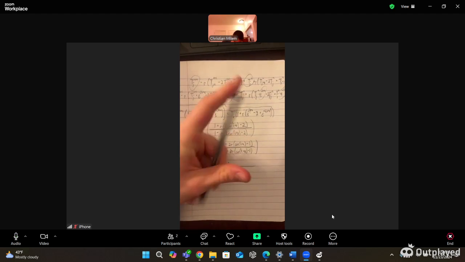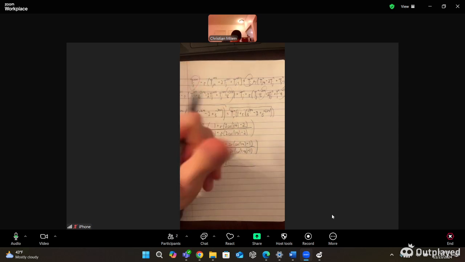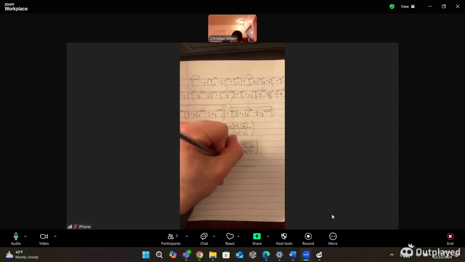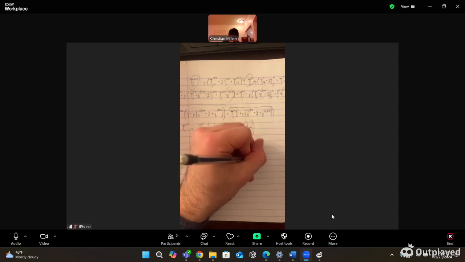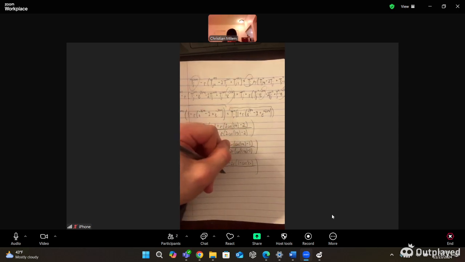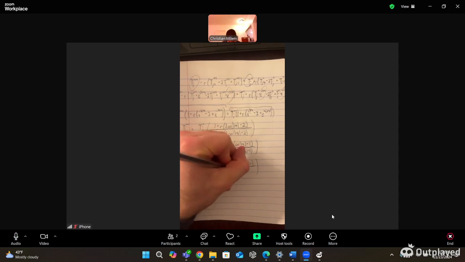So you would subtract this term instead. So 2r times 1 minus cosine of what's in the brackets, or 1 plus 2r times 1 minus cosine of what's in the brackets.